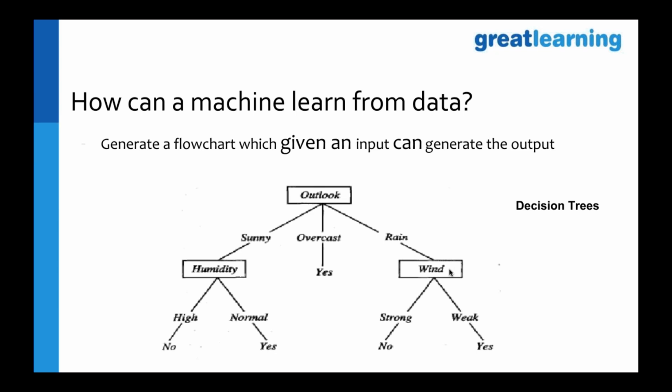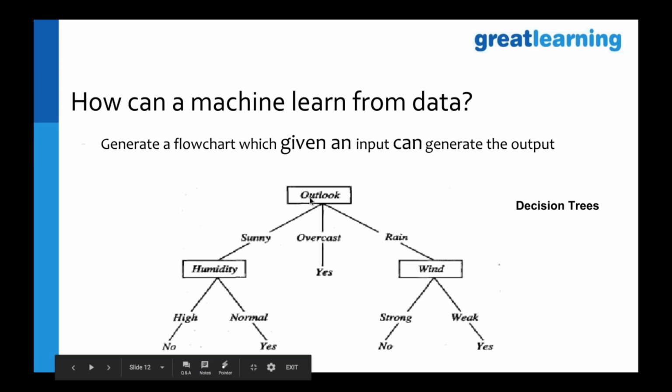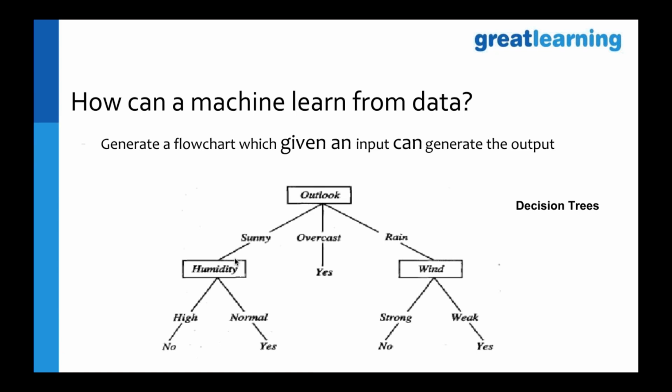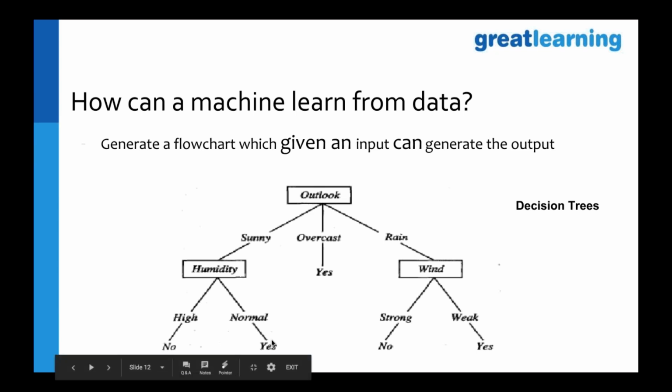So if I have a series of such data and I feed the machine that data, it can come up with a flowchart. Looking at the data, it can figure out that whenever it is sunny and the humidity is normal, you go out and play. But whenever it is sunny and the humidity is very high, you don't go out and play. You don't want to sweat in the sun.